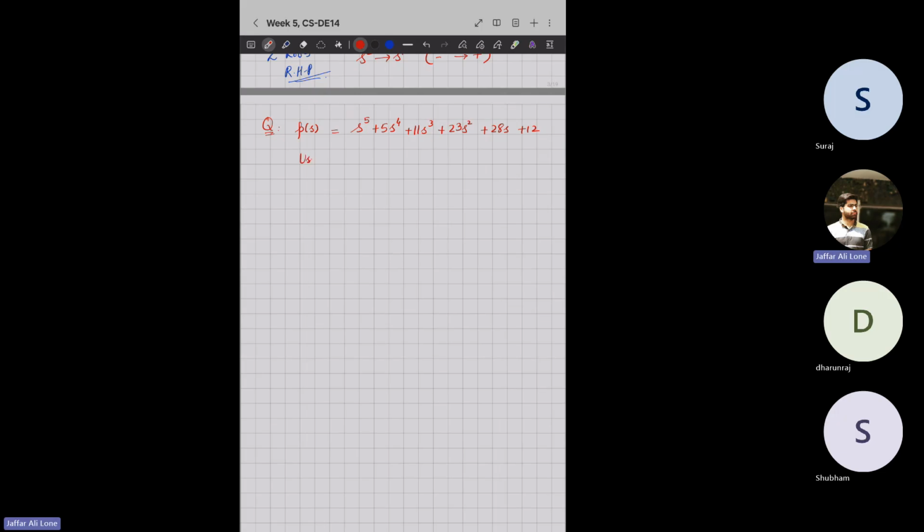Now the question is, using RH criteria, comment on the system roots on the imaginary axis.